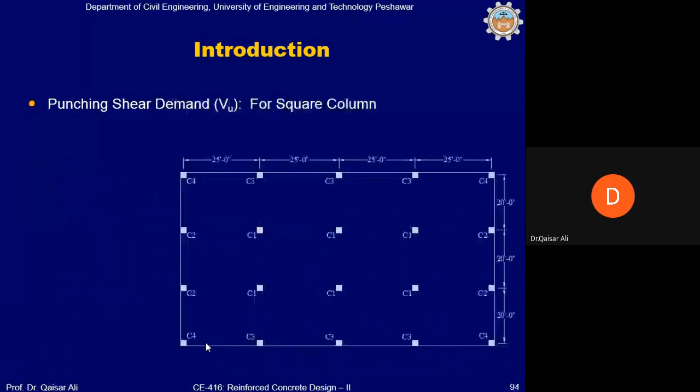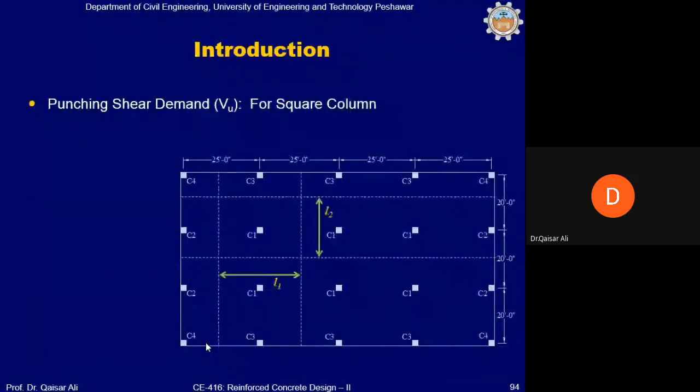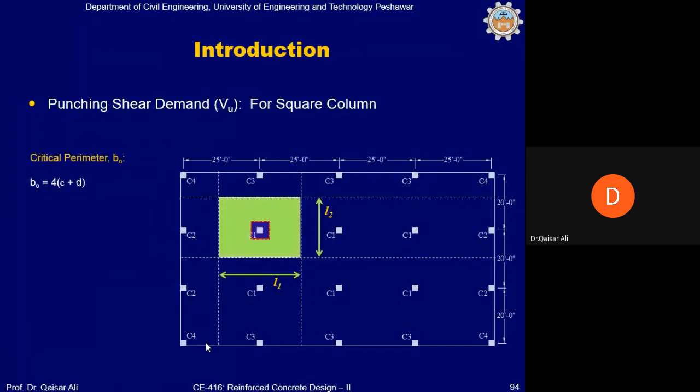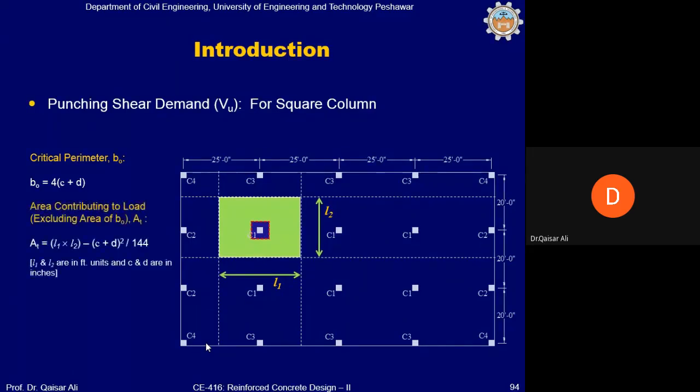Next is the demonstration of calculation of punching shear. Punching shear demand. b naught is equal to 4 into c plus d. And the tributary area, the green area, can be calculated from the total area minus the area inside this location.